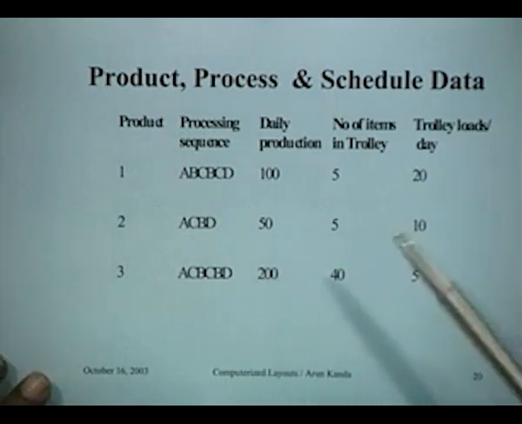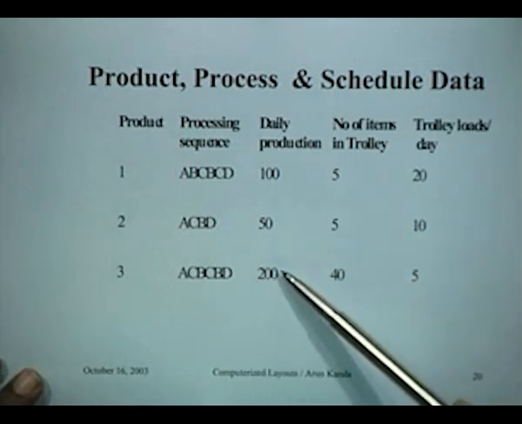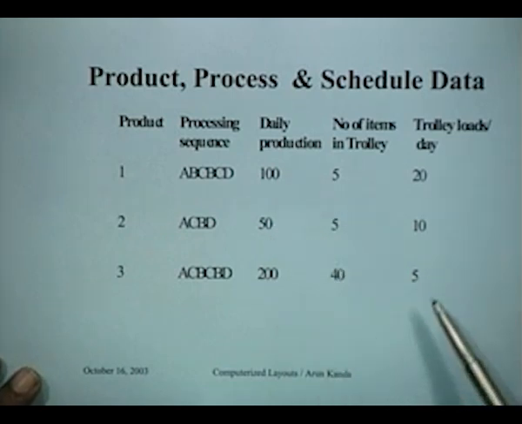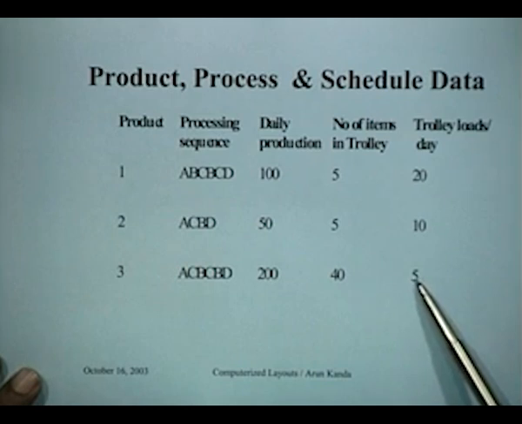So these could be very small items, these are relatively bigger items. So you need only 5 trolley loads, nuts and bolts or something like that, which can be carried in only 5 trolley loads per day.